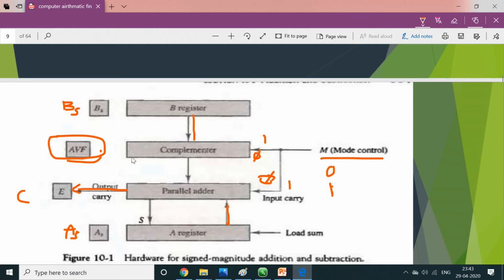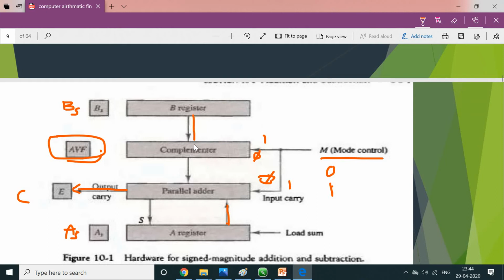Right, so this is the overall operation. Only two cases. If it is 0, the complementer acts as a buffer, so the B register value is directly transferred to the parallel adder. The A register value is also transferred to the parallel adder. These two values are added, and the result is stored inside the A register. That means the sum. And if any carry is generated, that carry is transferred to the E bit. In the second case, if it is 1, the complementer is enabled and performs the 2's complement operation.